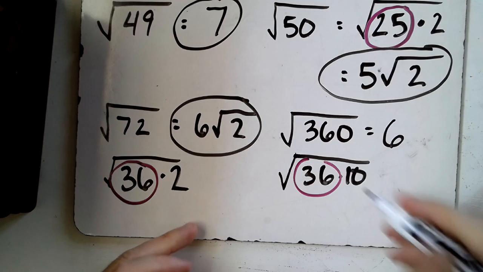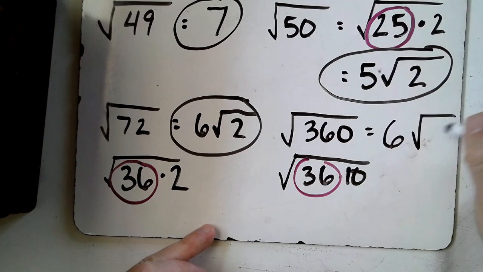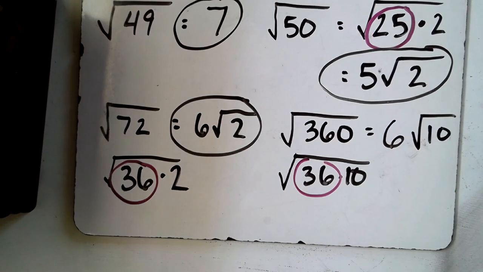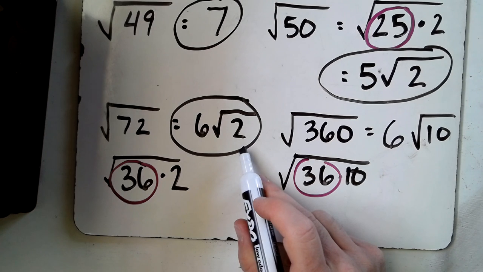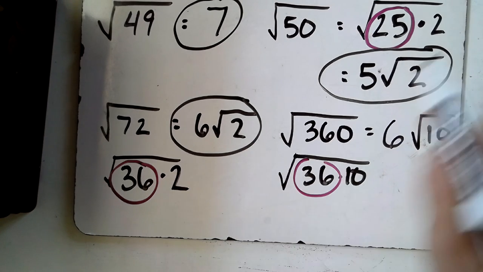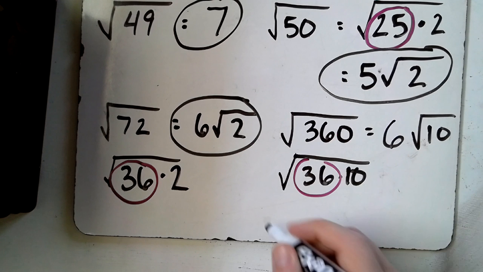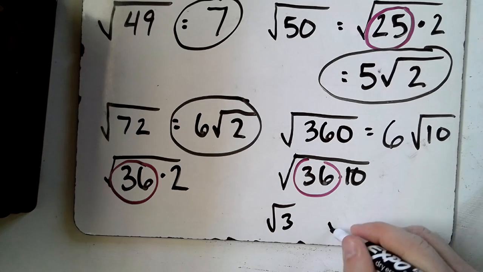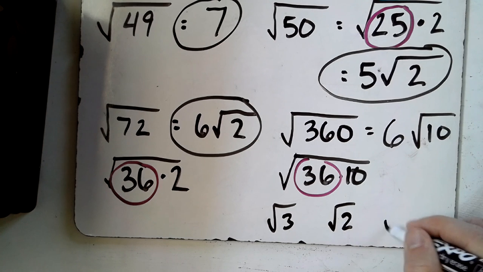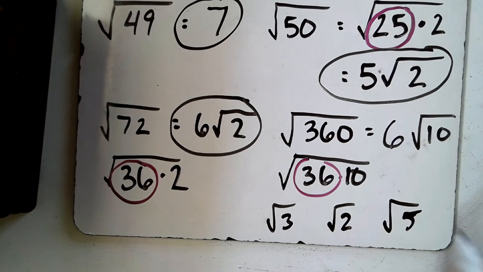Now, root 10 always throws my students for a loop because they say, well, it's an even number that's not 2. A lot of times we like saying, if we get a prime number like 2, 3, 5 underneath a radical, we're in good shape, because there is nothing further you can take if it's a prime number, since the only factors are the number itself and 1. 10 is composite, but the only other factors of 10 other than 10 and 1 are 5 and 2.